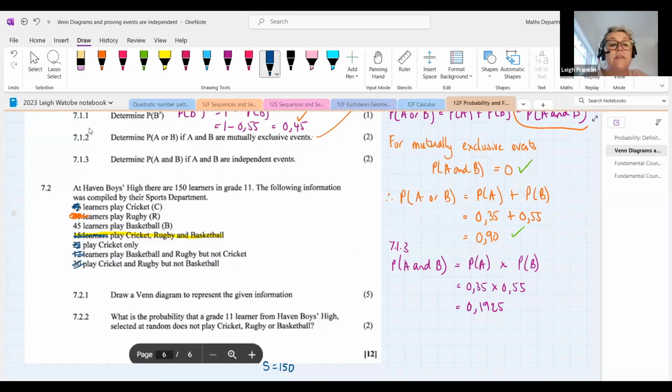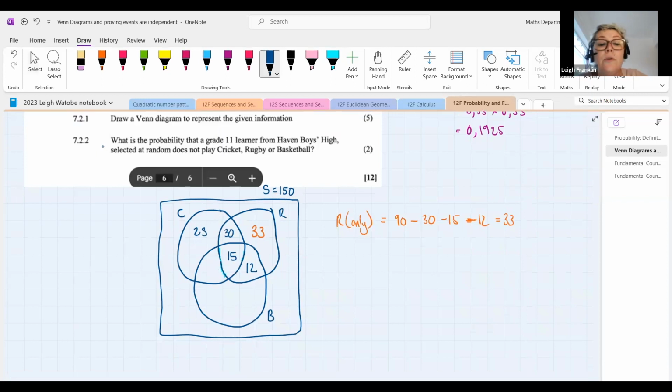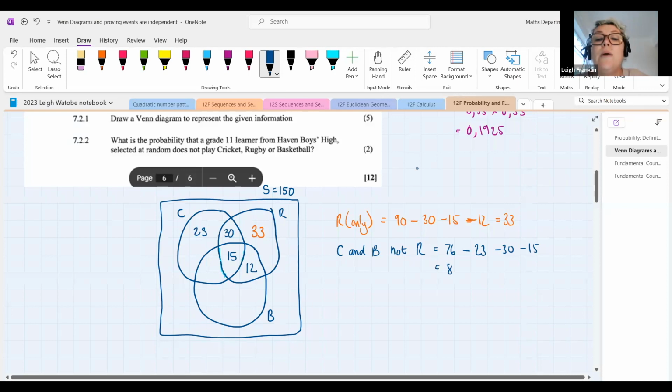So 76 in the cricket circle. So cricket and basketball, not rugby, is going to be that 76 minus 23 minus 30 minus 15. That's it. Okay, 8 people. Well done. Perfect. So 8 people play cricket and basketball, but not rugby.